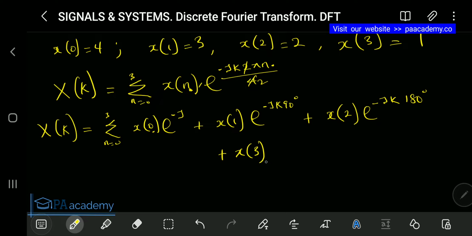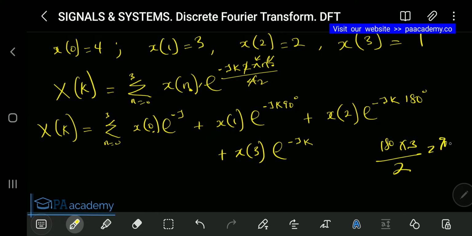So x of 3, now that means our n is 3. So if our n is 3, that will be exponential minus j k. Since this n is 3, let's just multiply it with the value of pi, which is 180, and divide it by 2. So what we are going to be having is 180 times 3 divided by 2.